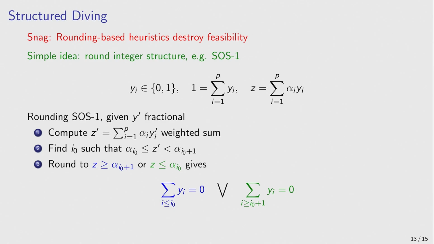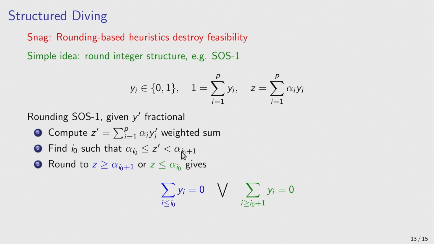Instead, what you should do when you branch on a special ordered set is actually compute the center of the set. So the set is used to model another variable which is discrete, which has, for example, discrete diameters, and you can compute the center, or the average weighted sum of these variables, and then find the branching point that corresponds to where you lie exactly between two of those consecutive ones.